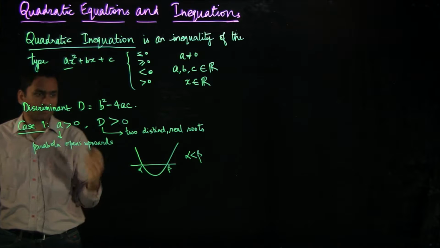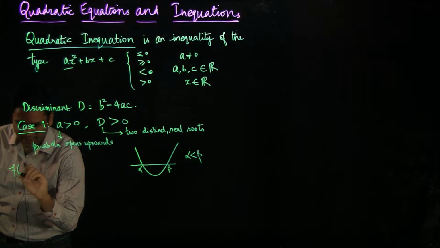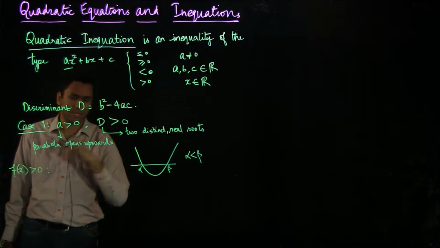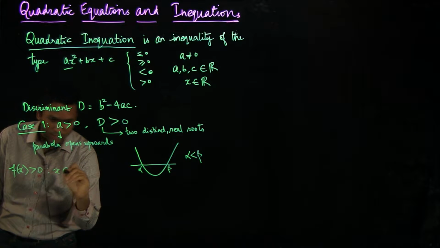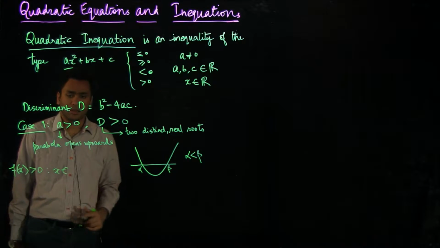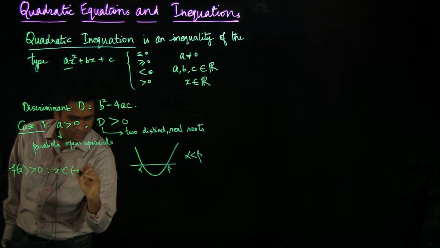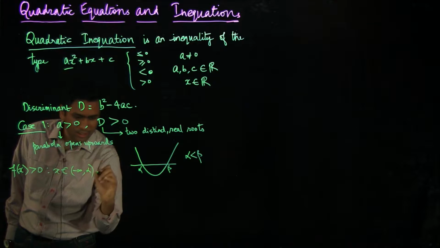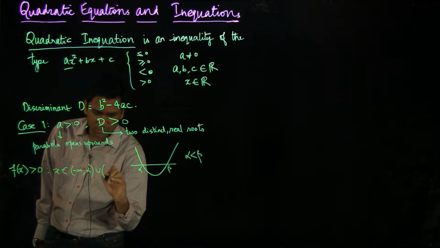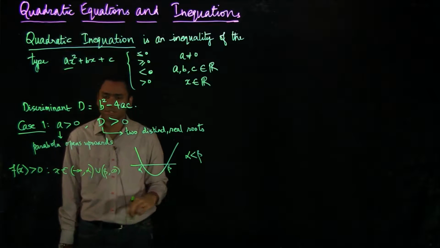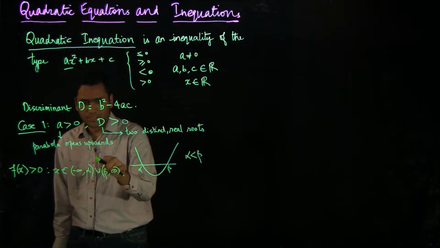So for example, if you were looking for the solution of f(x) greater than 0, then you would be able to say that x belongs to the set of real numbers which lie between minus infinity to alpha, union the set of real numbers which lie between beta and infinity. So if you notice here, I have used a parenthesis here.